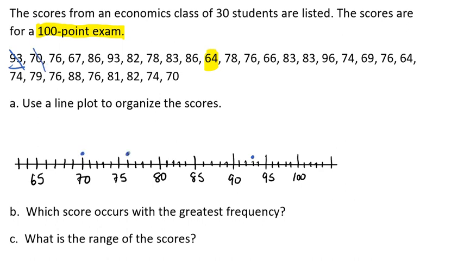One for 76, and 67, and so on. So we do it for all of the numbers. And if we have one that is a repeat, it just goes right on top of the other number.